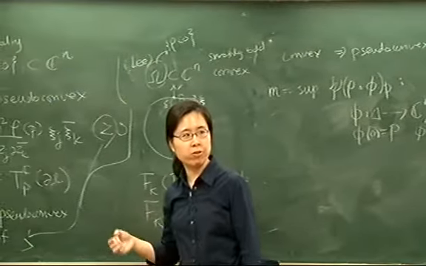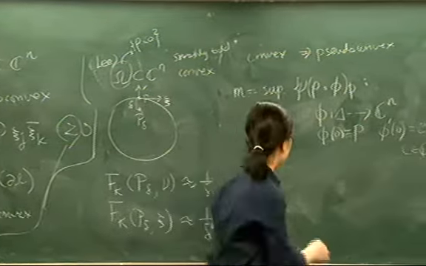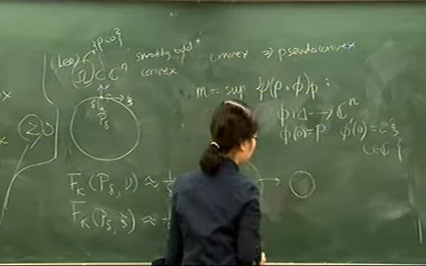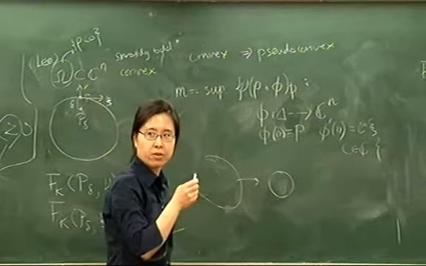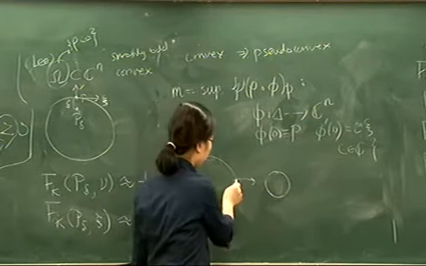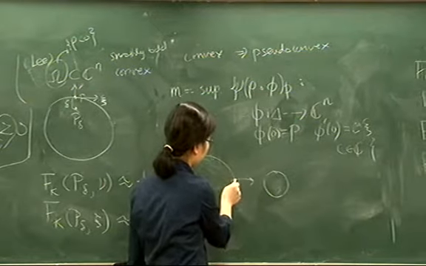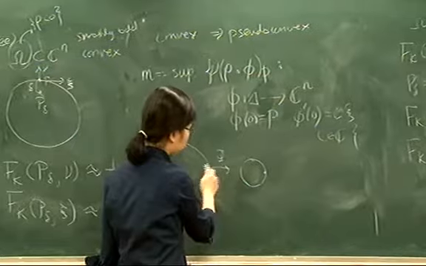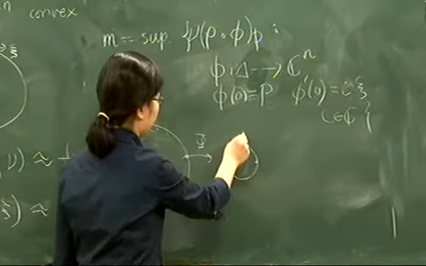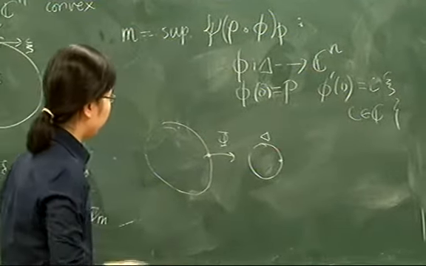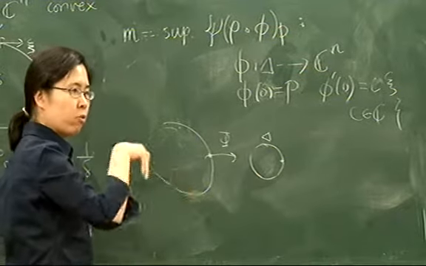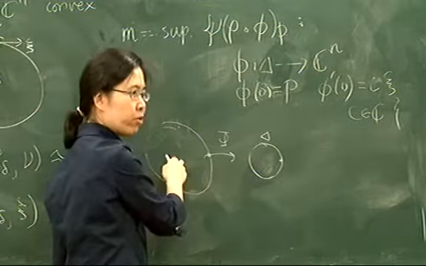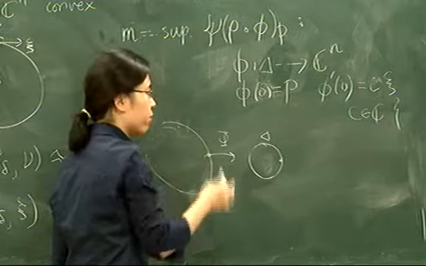Actually, it comes from this: if you have a convex domain and you can map it to the unit disk, then for any boundary point, you can find a mapping that sends this boundary point to the boundary of the unit disk. And as you know, the Kobayashi metric decreases under holomorphic mappings. It is complete here, and the metric is greater here, so it must be complete here. That's why it is complete.